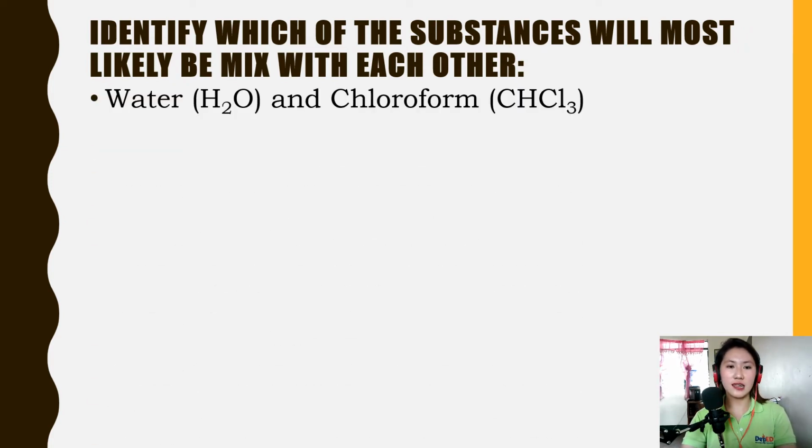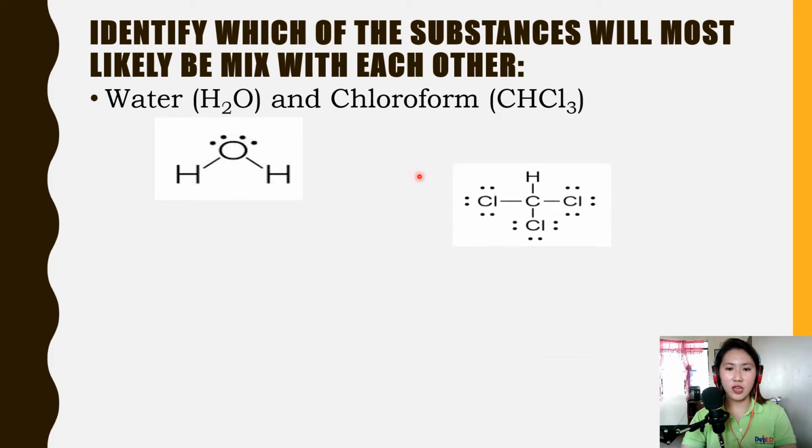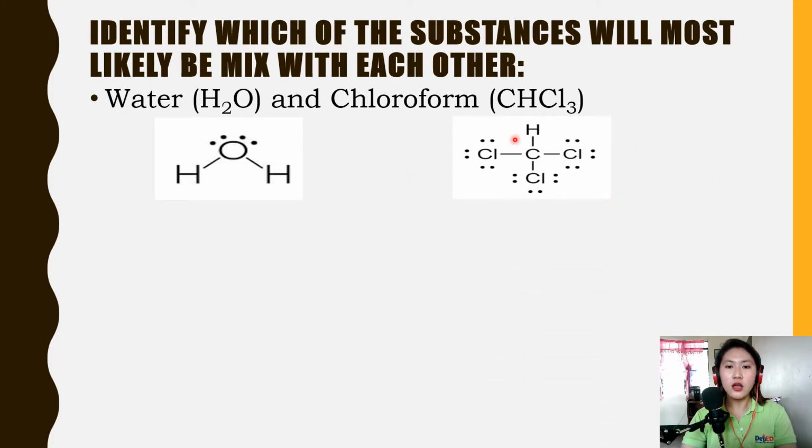First, let us have water and chloroform. Here we have the Lewis structure for water, and here the Lewis structure for chloroform. Now let us determine their polarity based on their Lewis structure.